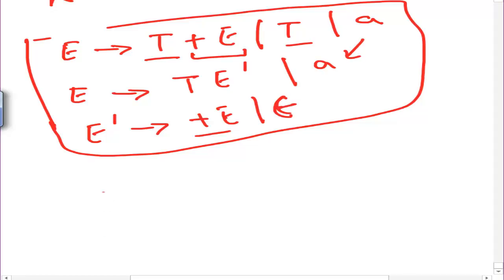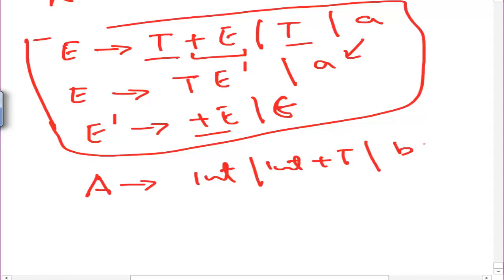Let's take up another example. Say A gives int or int plus T and something else, let it be B this time, no problem. Now look here, what is the common prefix? The common prefix is int. Because if our lookahead says we have an int, we should be able to decide exactly which production to use.